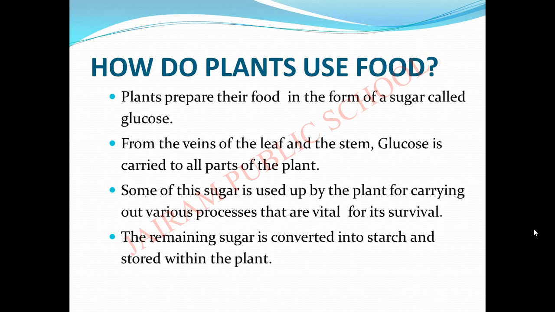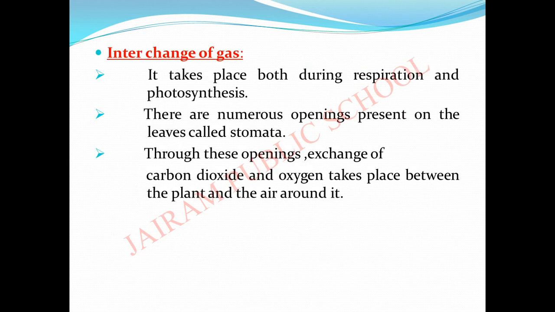It is the primary function of green leaves. The leaves manufacture food by the process of photosynthesis. See the word photosynthesis, you can split it into photo and synthesis. First learn the spelling of photo, then learn the spelling of synthesis, and you can add them. Understood, children? Let's move on to the next slide.